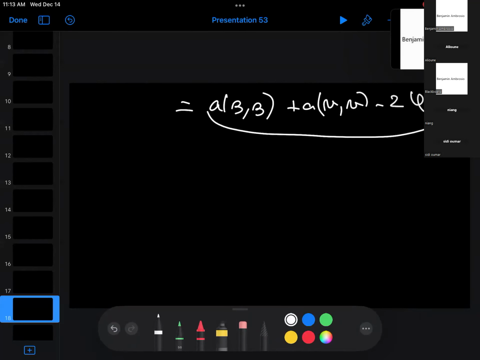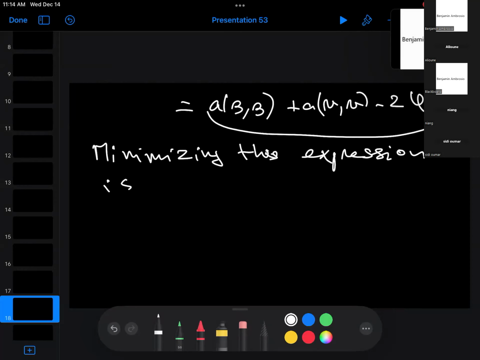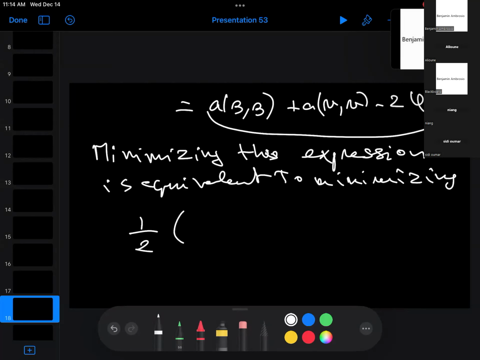It is done because now minimizing this expression is equivalent to minimizing, and I can also multiply by a half, and I obtain the result.